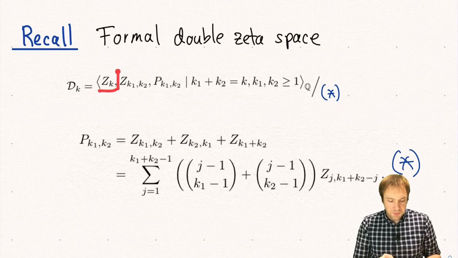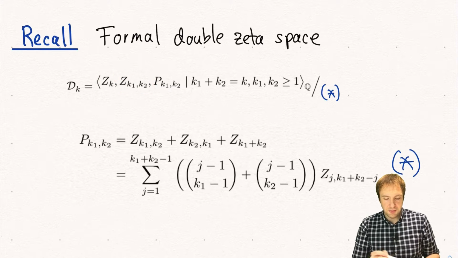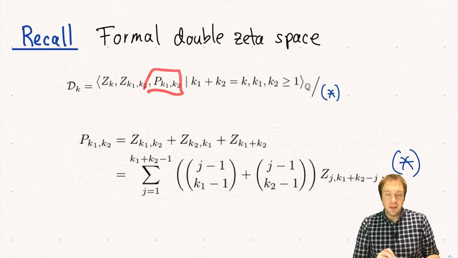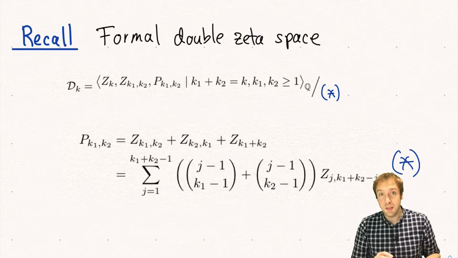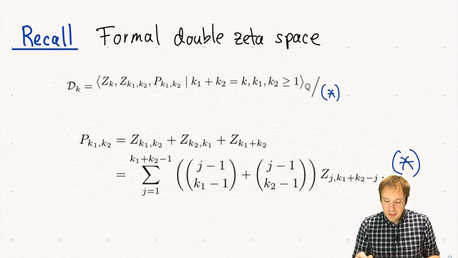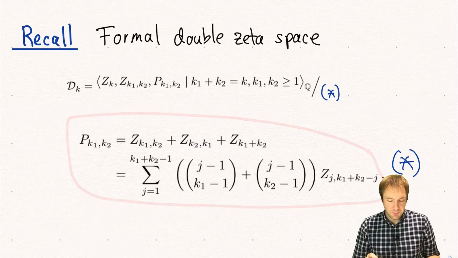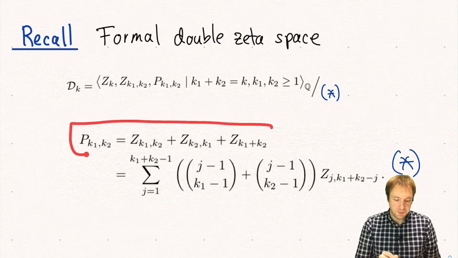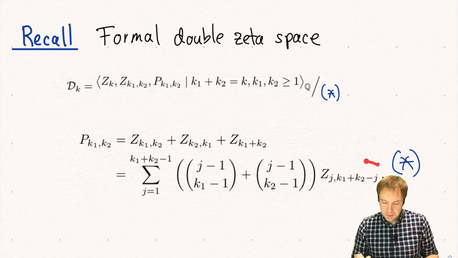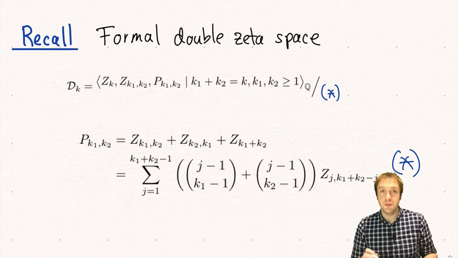And so this Zk you should think of being a single zeta, this Zk1,k2 being a double zeta, and this Pk1,k2 you should think of being the product of zeta k1 times zeta k2. And we divide out certain relations given by these relations here, which are effectively given by these double shuffle relations. So this is here the stuffle product, and this is the analog for the shuffle product.